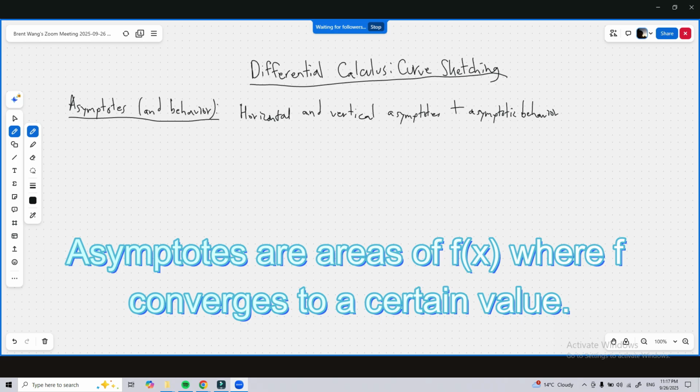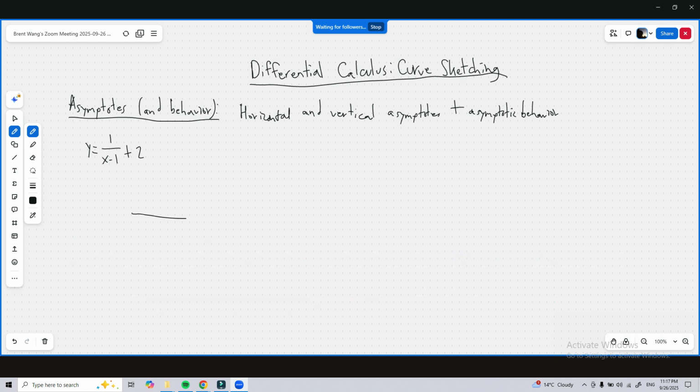Let me give you an example to illustrate this. You probably saw this in grade 12. A rational function y equals 1 over x minus 1 plus 2. It's hard to draw straight on this pen. So x equals 1 is right here.